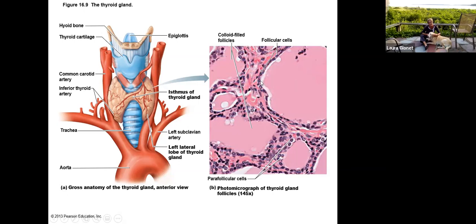So that single layer of cells that form the wall of that tube are the follicular cells. And the material in the center, the pink material, is the T3, T4. T3 means triiodothyronine, which means 3 iodine molecules, and T4 is technically tetraiodothyronine, 4 iodine molecules. Right. And iodine takes up stain.